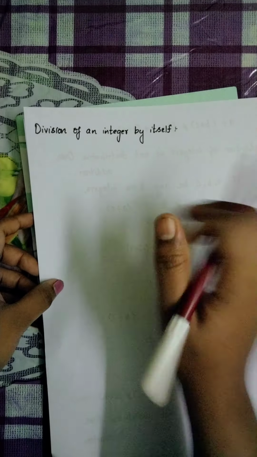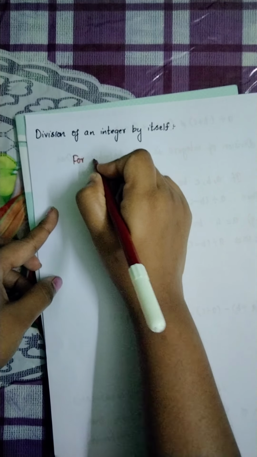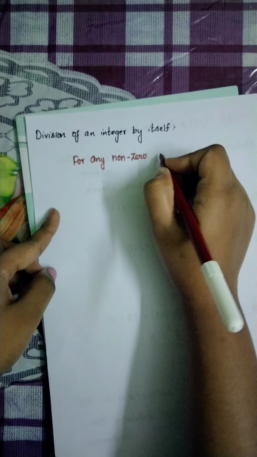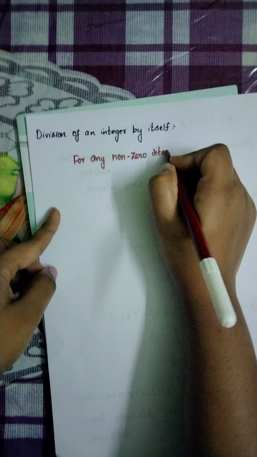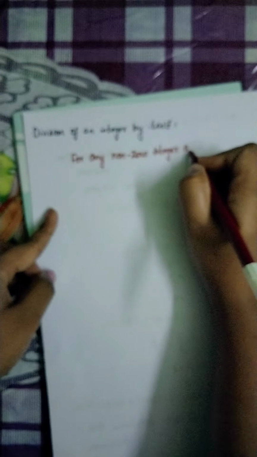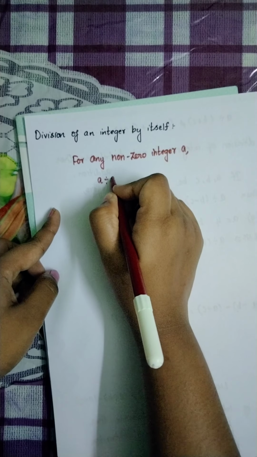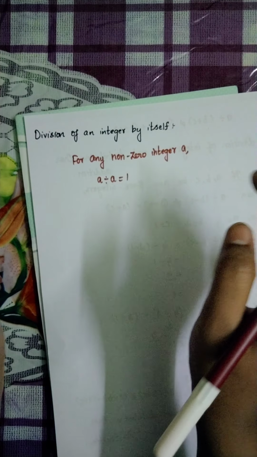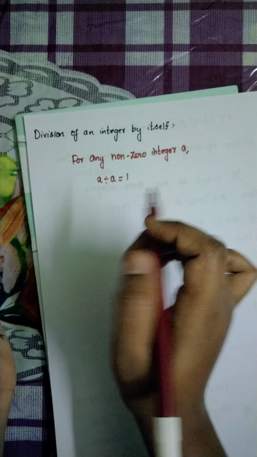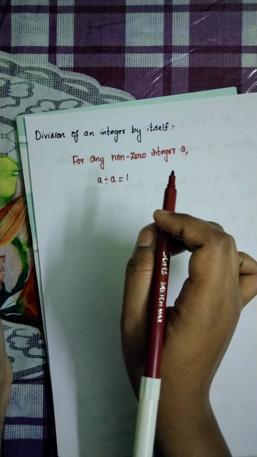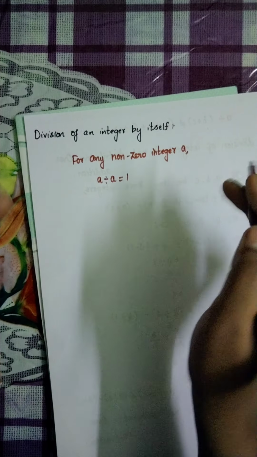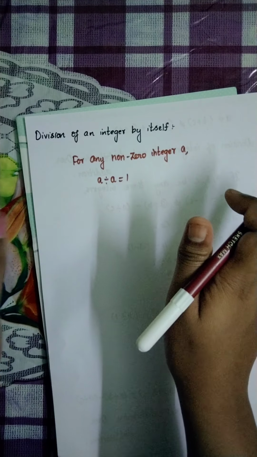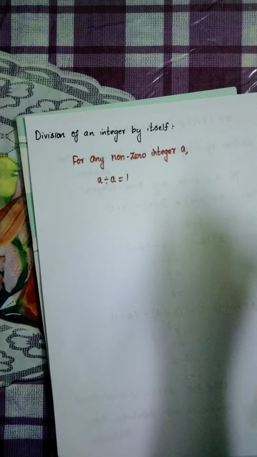For any non-zero integer A, don't take the value 0, A divided by A is equal to 1. When an integer is divided by itself, the answer is always 1. Keep it in mind. We can see an example.